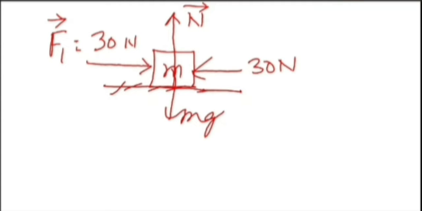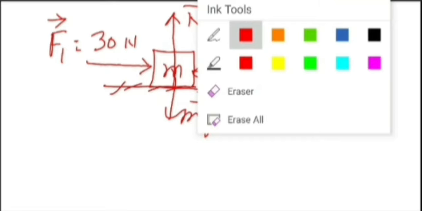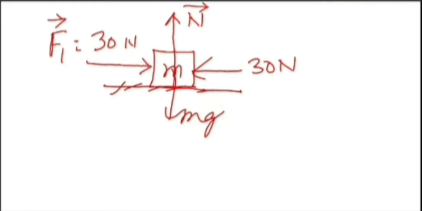Then these two forces will cancel out. Similarly, mg and the normal reaction will also cancel each other. So we get a null vector when we add all four forces.